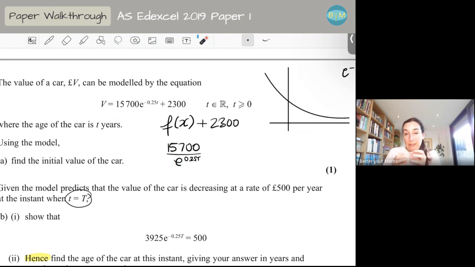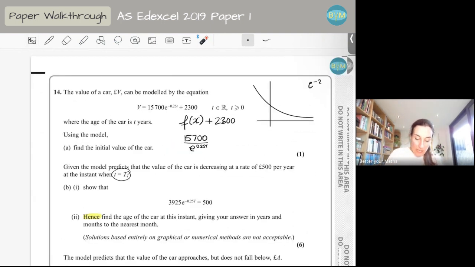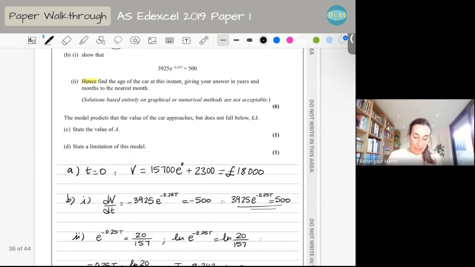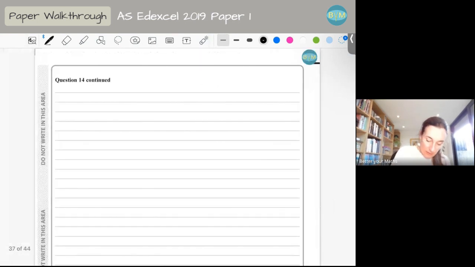So this becomes a tiny number plus the 2,300. So it's another way of seeing it. I prefer the graph or the function itself. But the minimum value of the car with this model is 2,300. So the minimum value is going to be 2,300 pounds.